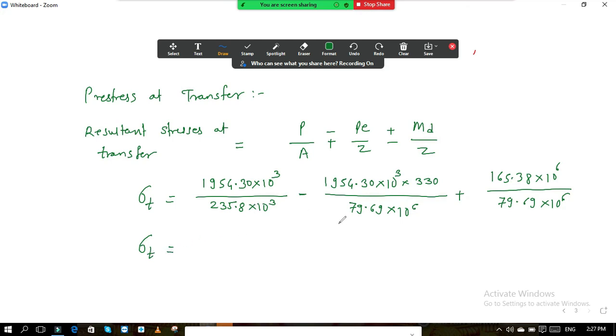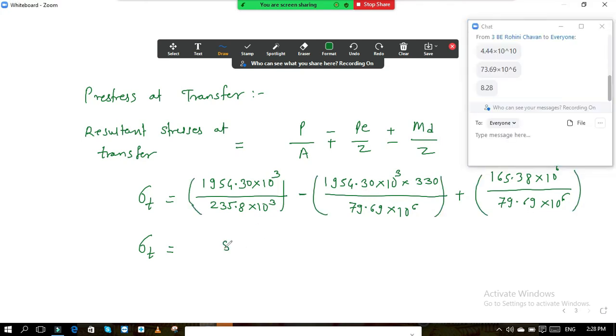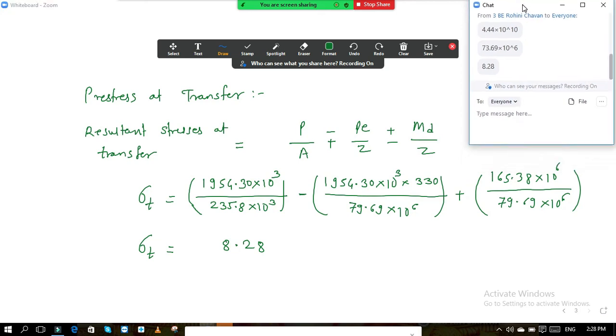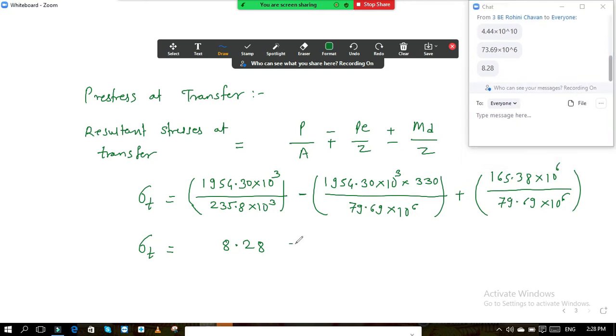Direct stress, all the stresses. Okay, so this is 8.28. Now calculate this value P by Z. Second bracket 8.75, plus now the third bracket 2.24.